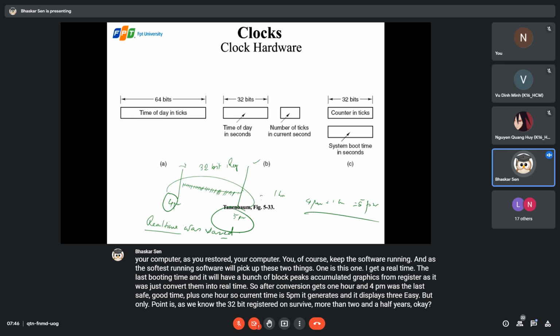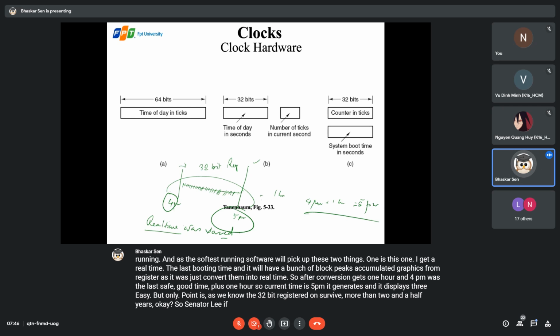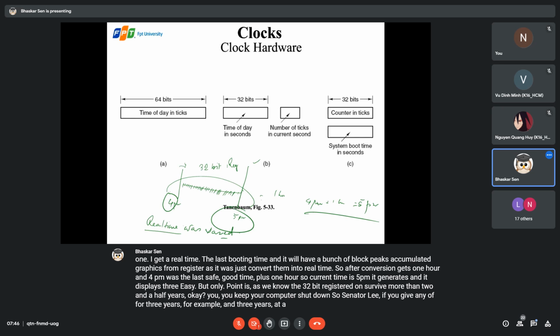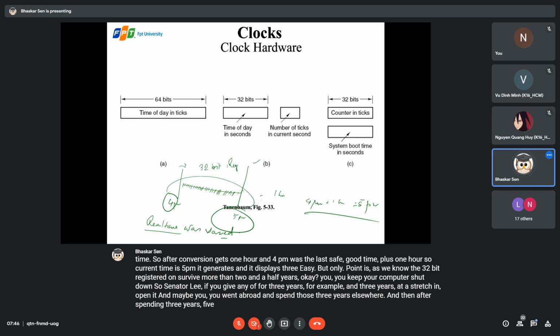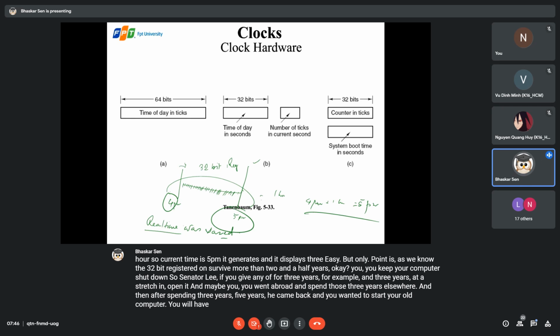Okay. So essentially, if any of you keep your computer shut down for 3 years, for example, and 3 years at a stretch, you didn't open it, and maybe you went abroad and spent those 3 years elsewhere, and then after spending 3 years, 5 years, you came back and you wanted to start your old computer. You will have to reset the clock. And you know that we have to do it.